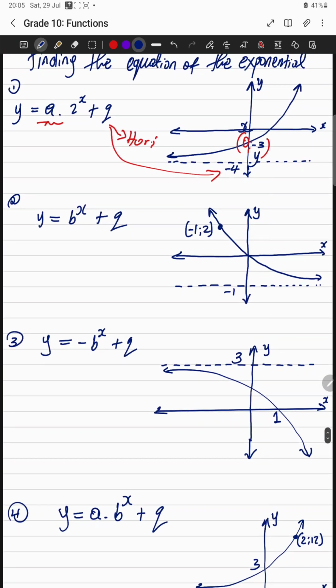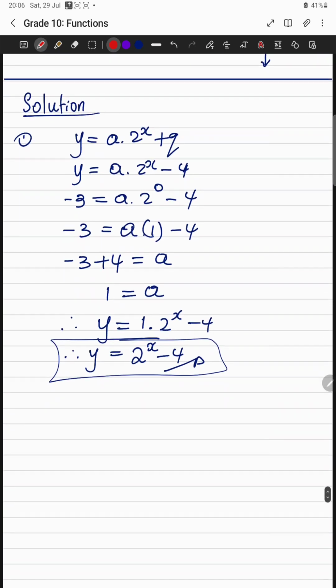Now in the second part, we are again in the place of q, we're going to put -1 because it is the horizontal asymptote. Now to get b, we're going to use the point on the graph, where in the place of x we're going to put -1, and in the place of y we're going to put 2. So simple as that. Let's now try to attempt this one, -2.